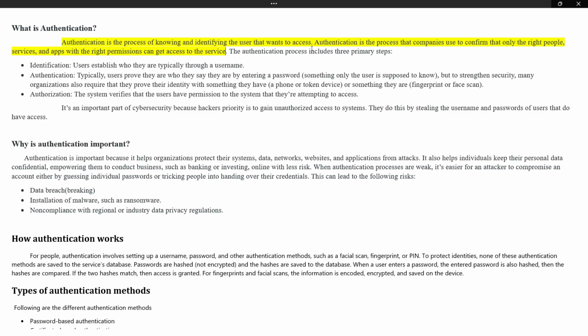This is authentication: identifying the user who wants to access the system.